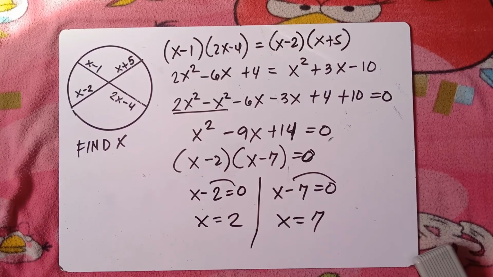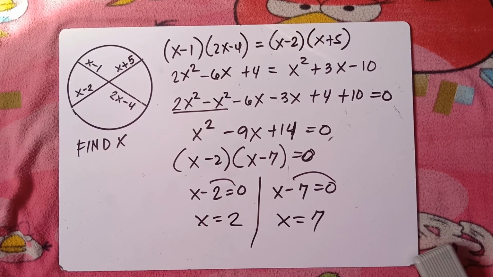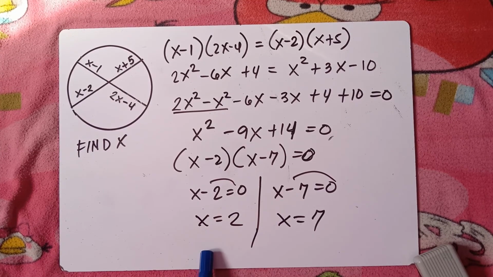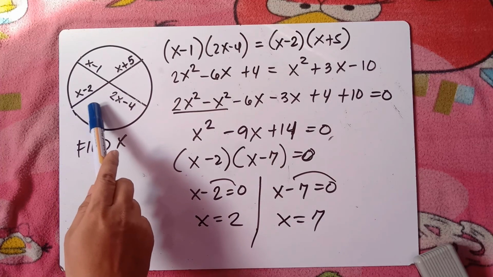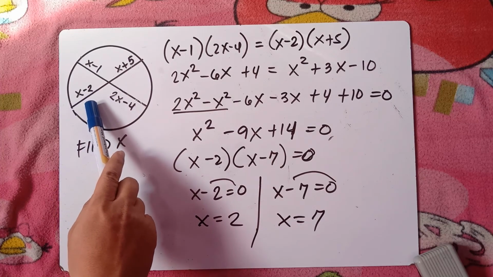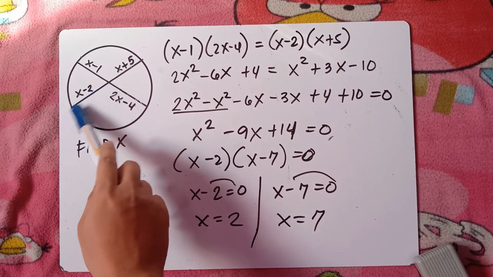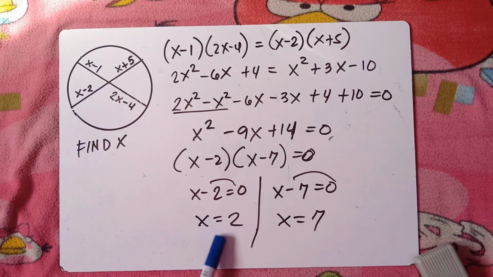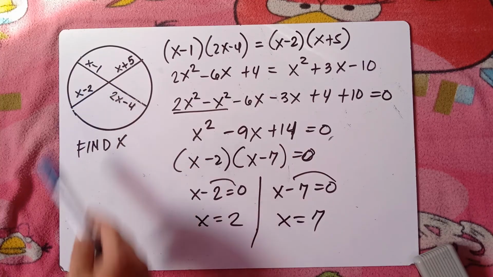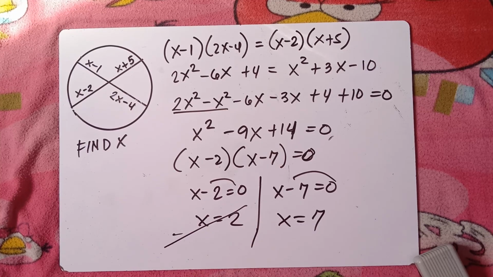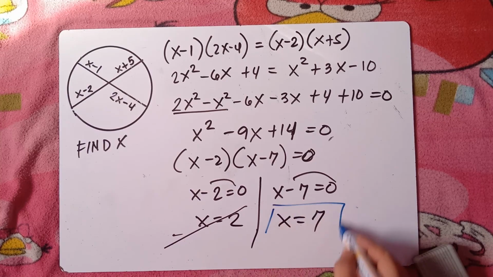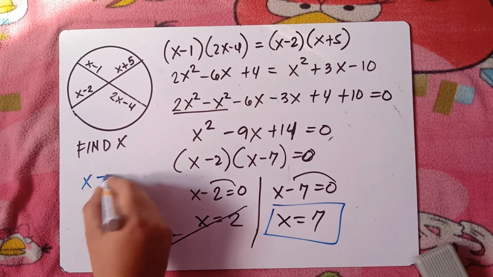So you choose either positive 2 or positive 7, but we cannot use positive 2 because if we substitute 2 into this expression, 2 minus 2 would be 0, and we don't have a measure of 0 for this length. So we cannot use 2 because this will be 0. So our answer will be x equals 7.